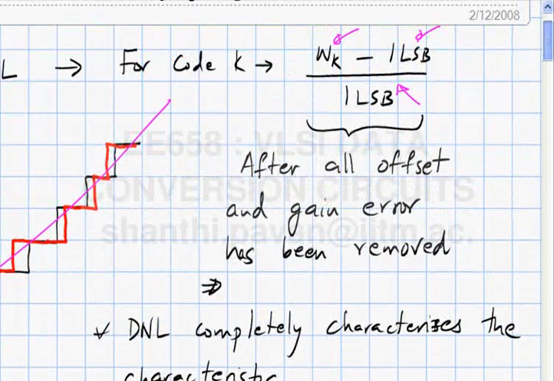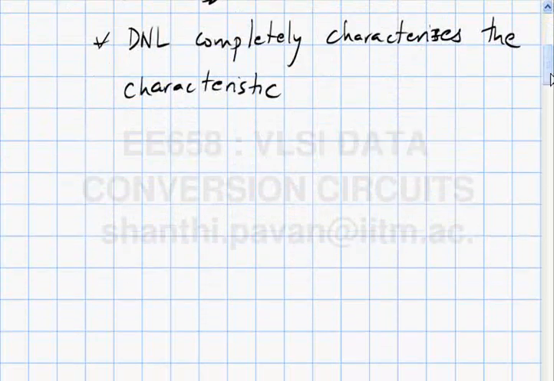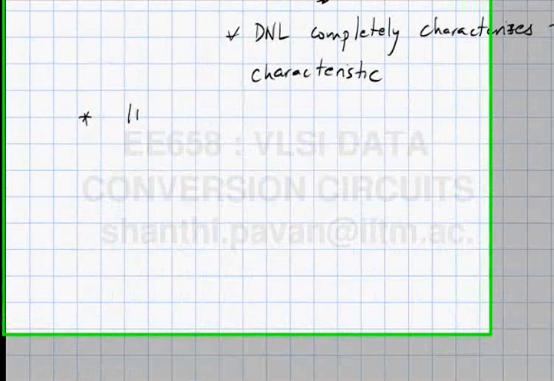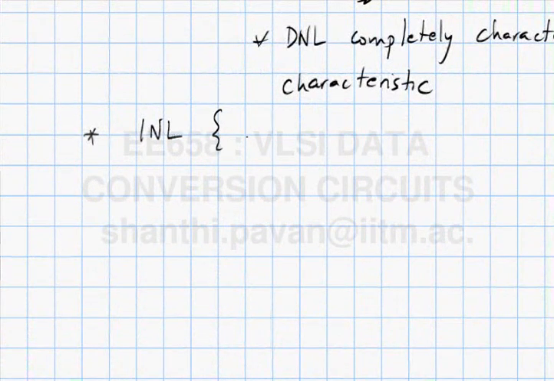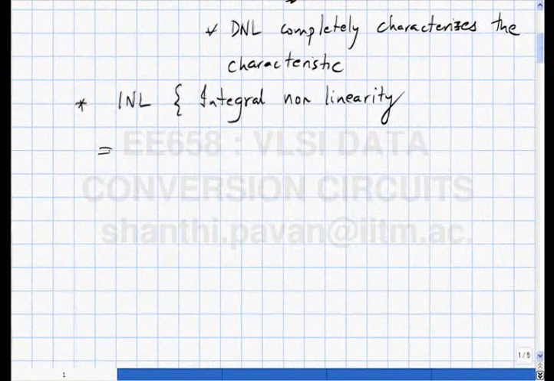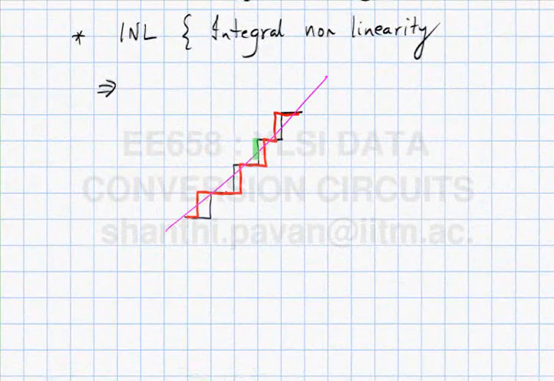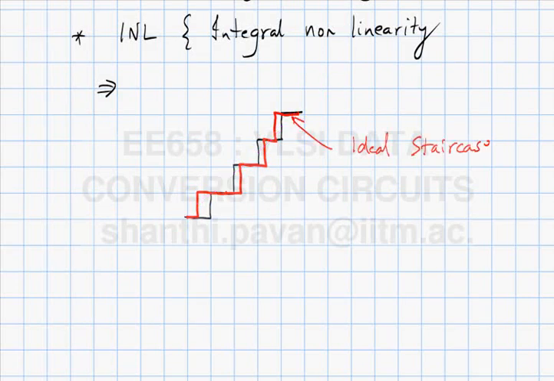However, a common metric which is also quoted in practice is what is called the integral nonlinearity, and this is defined as follows. If you look at this picture, the red is the ideal staircase and the black is the real ADC characteristic.